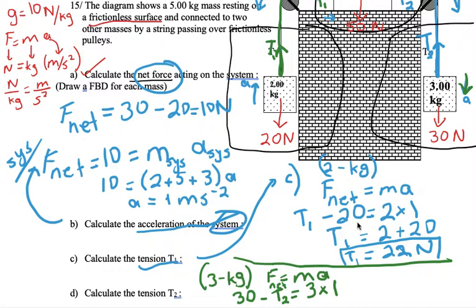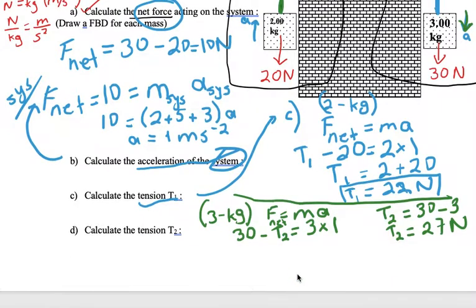And when I solve the equation for T2, I'm going to move T2 to one side and everything else to the other side. That is 30 minus 3, which gives me 27 newtons. That ends the question. That's all it's asking.